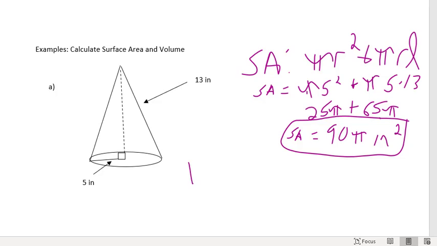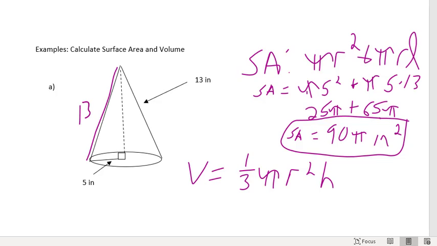Okay, volume. Volume is 1/3 pi r squared h. And we do have to find the h because we know this side is 13, this side's 5. It does make a PPT, and the height has to be 12. If you did not know that, you could use the Pythagorean theorem to find that out. So the volume is 1/3 pi times 5 squared times 12.